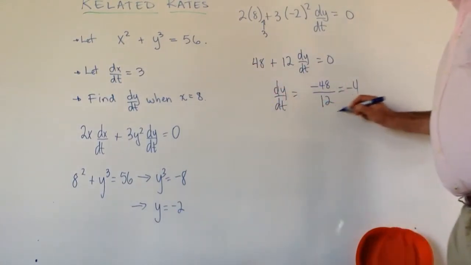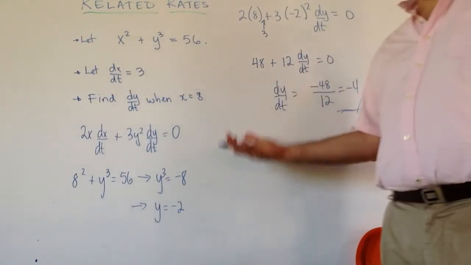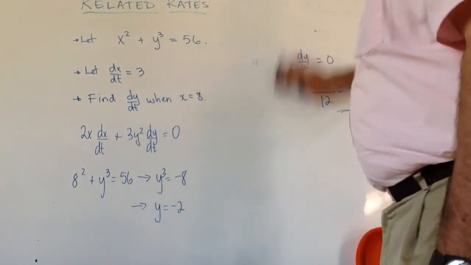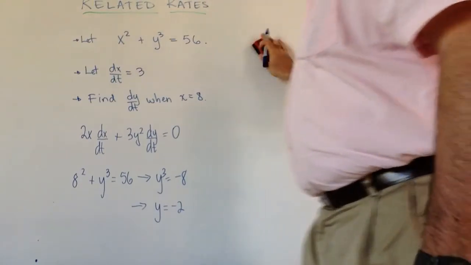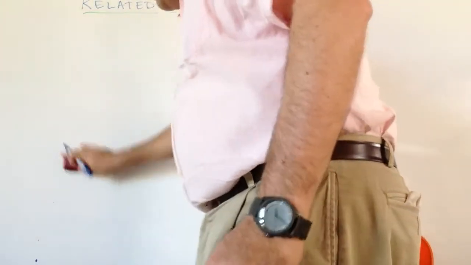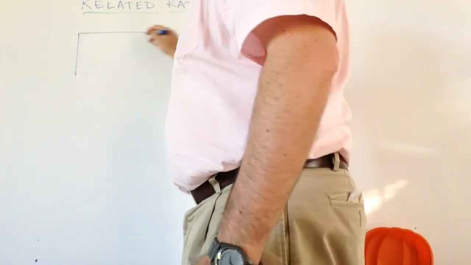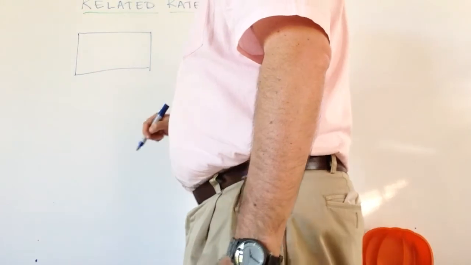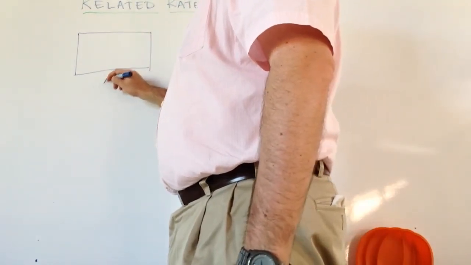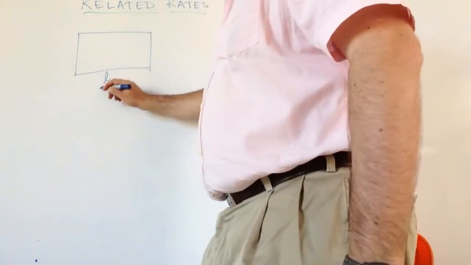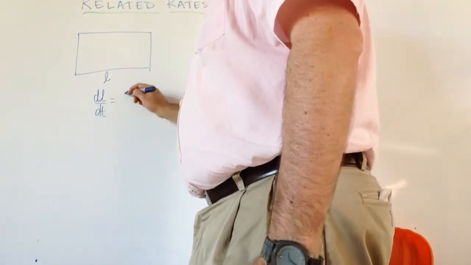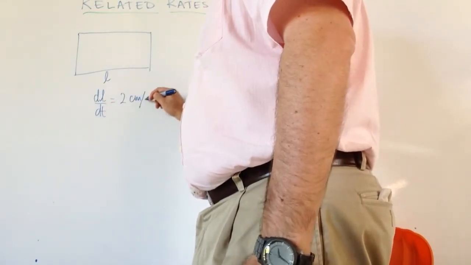Related rates problems, you will usually find them in applications. Let's put a simple one here. Let's say that we have a rectangle. In this rectangle, the length is changing, so it's a rate of change, it's a derivative, at 2 centimeters per minute.